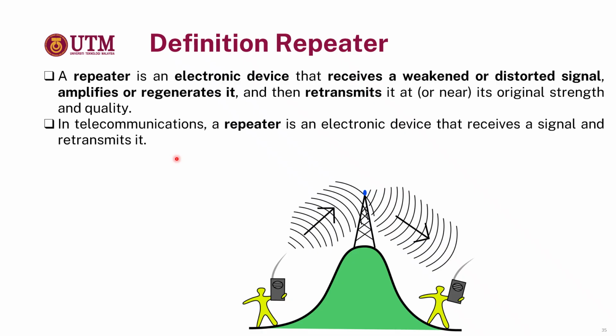Okay, it means information remains intact, but the quality of the signal strength being transmitted is reproduced again or re-strengthened as it is being weakened or distorted by noise and other external factors while being propagated from the transmitter.